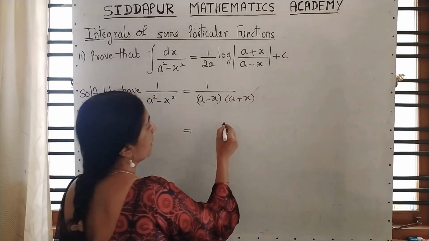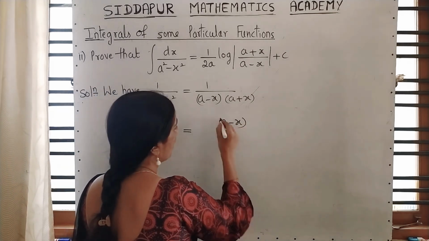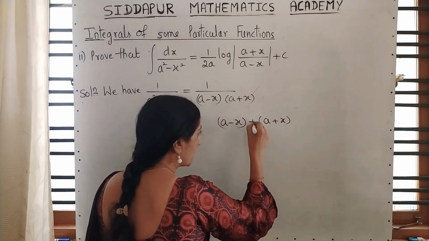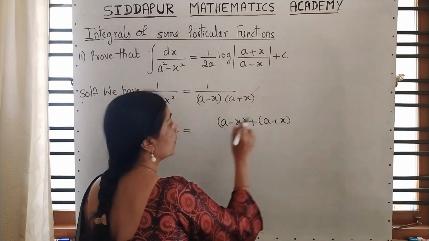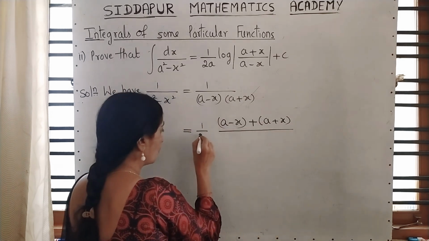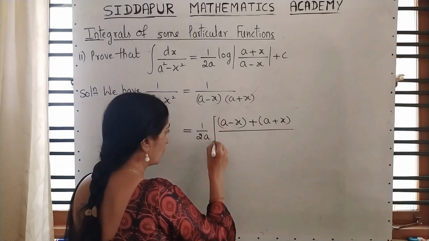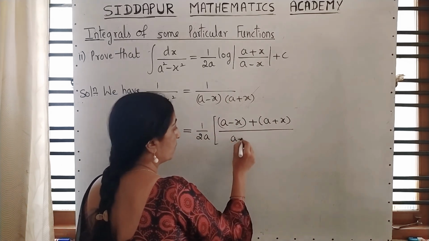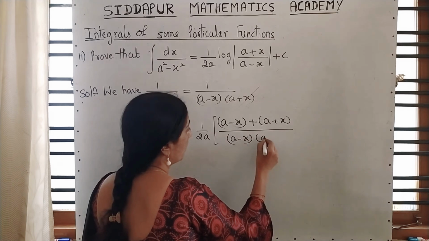Try to cancel x. It is a minus x and here I wrote a plus x. See, in the middle if I write plus, minus x plus x get cancelled. What is remaining? a plus a, 2a. That means 1 upon 2a. 2a we have to cancel, then only it is balanced. Write down the denominator as it is.